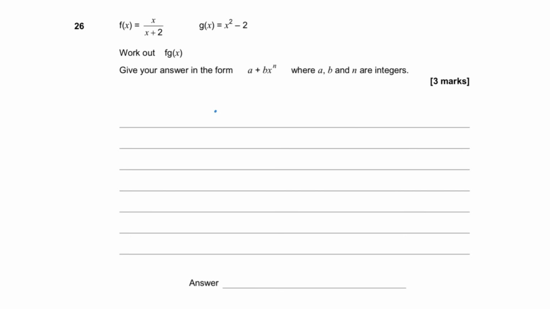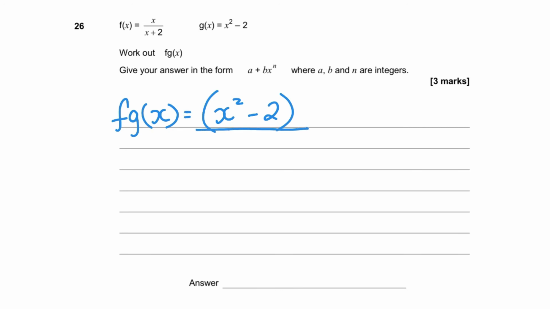So x is going to be squared and then have 2 taken away from it first. Then it's going to go through the f function. So we need to substitute the x's in the f function with what's happened to x already in the g function. So fg(x) is going to equal x squared minus 2, divided by x squared minus 2 plus 2.